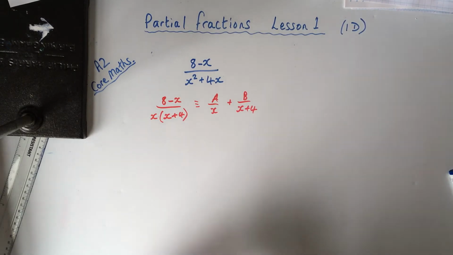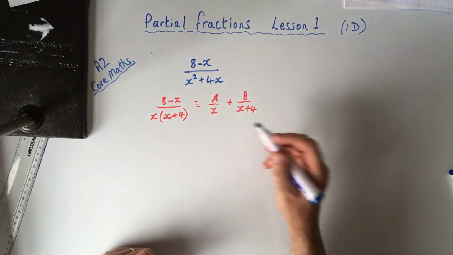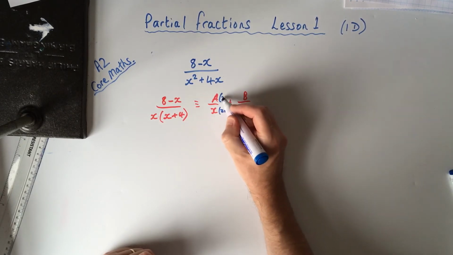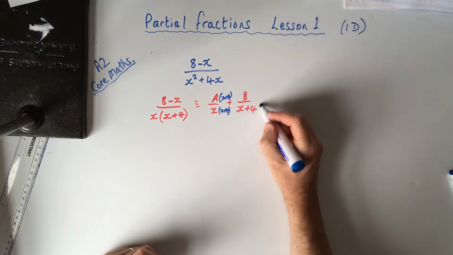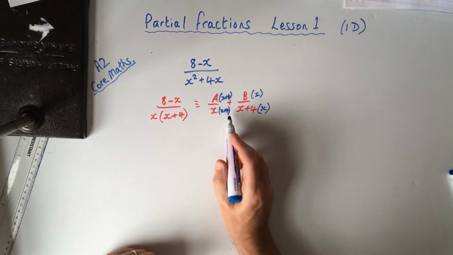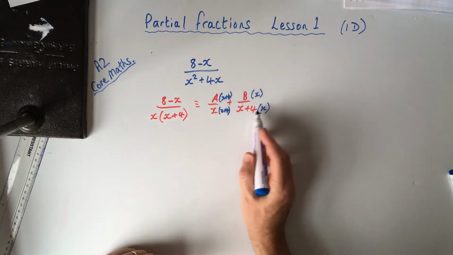Now I'm going to go a little bit longer. I'm going to times this one, x, by x plus 4, and I'm going to times this one by x and the top by x. So I end up writing all of that over this and this again.